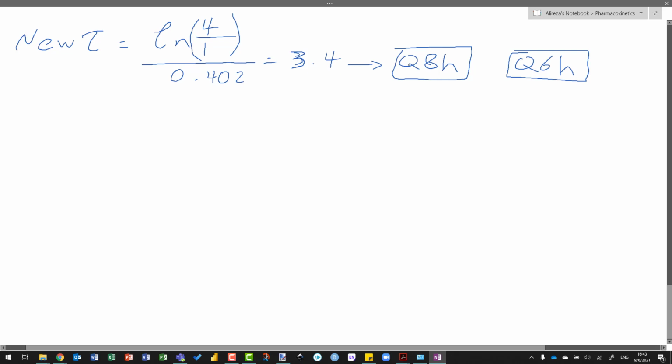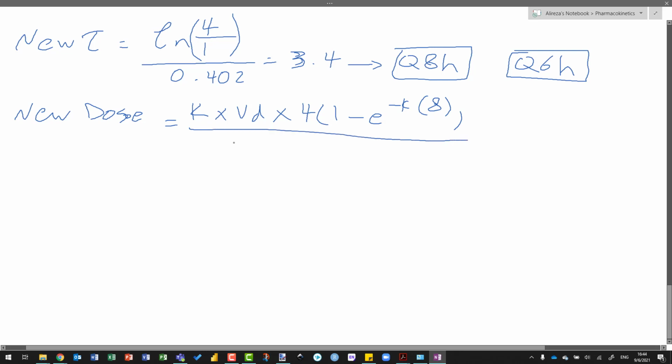So I'm just going to make a clinical decision. I'm going to ignore the math for this and use clinical judgment and say, I'm going to see if I can make every 8 hours work. If I cannot, then we'll go to every 6 hours. So let's try a dose and see if we can make it work. A new dose would be the new K times the new volume of distribution times the peak that we want, which is 4, times 1 minus e to the negative K. And I'm going to see if I can make tau of 8 work first.